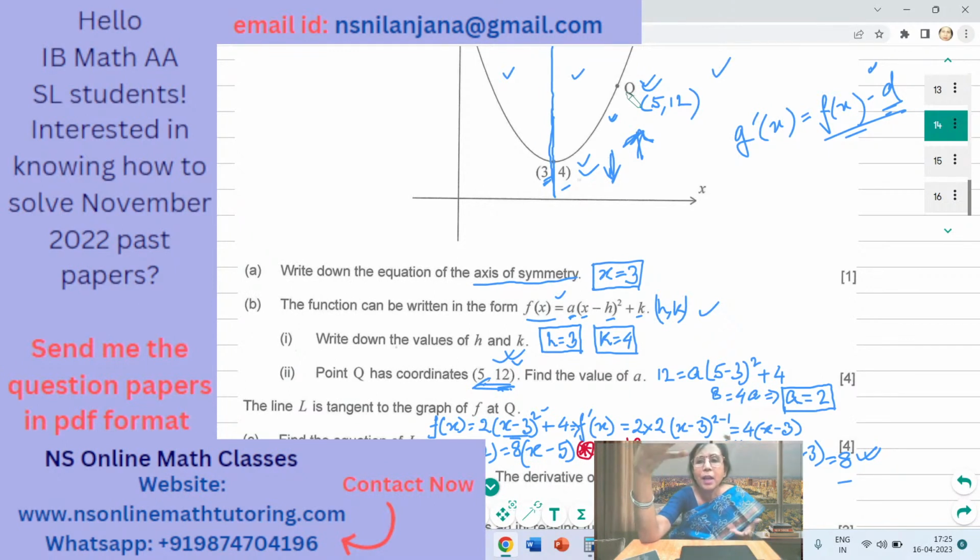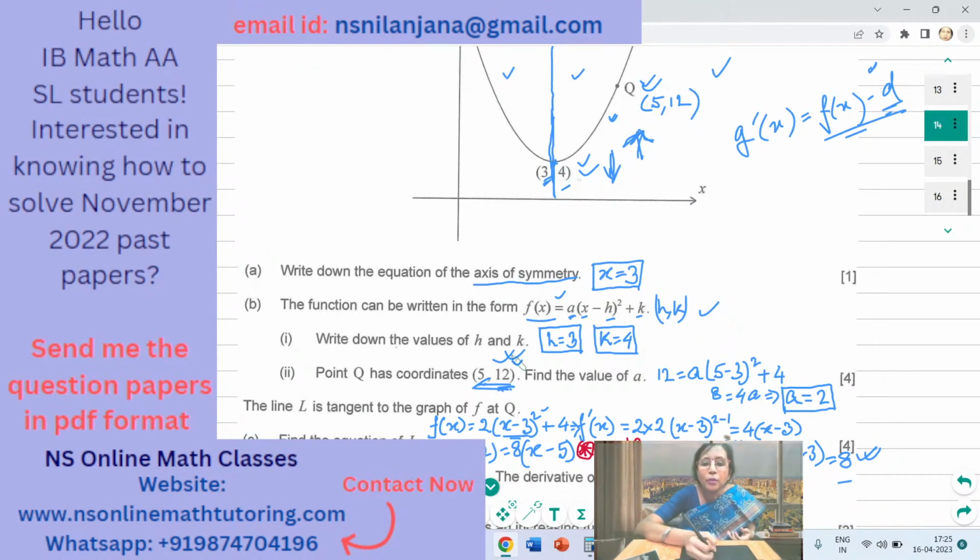When d is a negative number, we don't have to worry. The parabola will be getting translated upwards. But what if d is a positive number? Then can we take every positive number? Definitely not. If I take d equal to 5, then what happens?